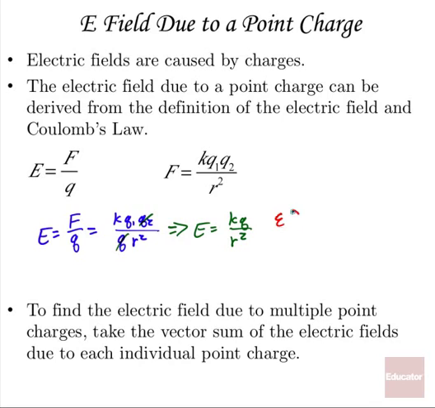That is the formula for the electric field due to a point charge. To find the electric field due to multiple point charges, take the vector sum of the electric fields due to each of the individual point charges. You just keep adding them up in vector fashion.